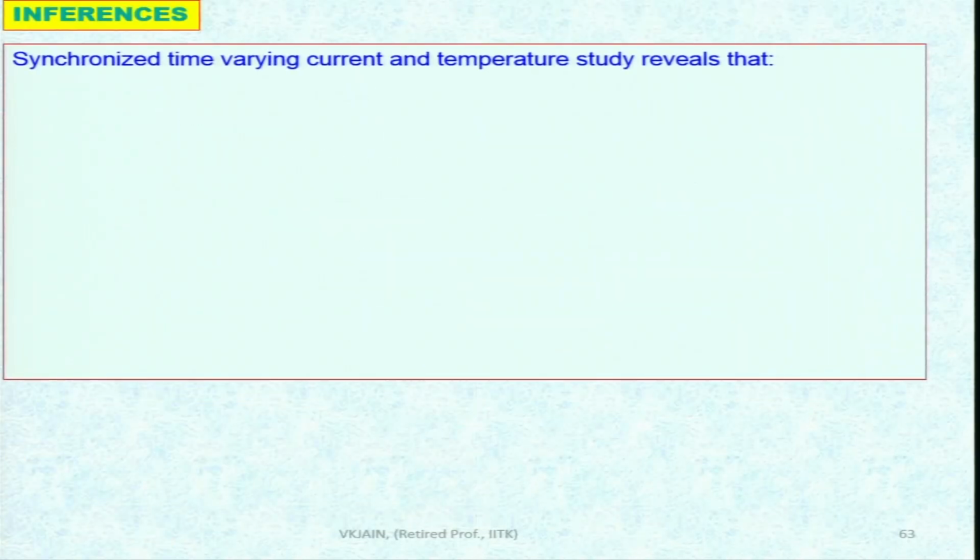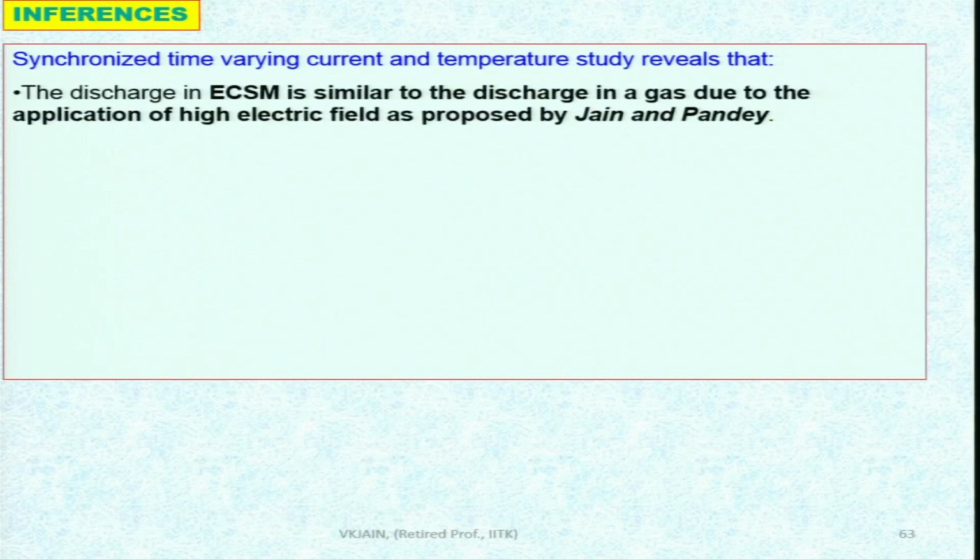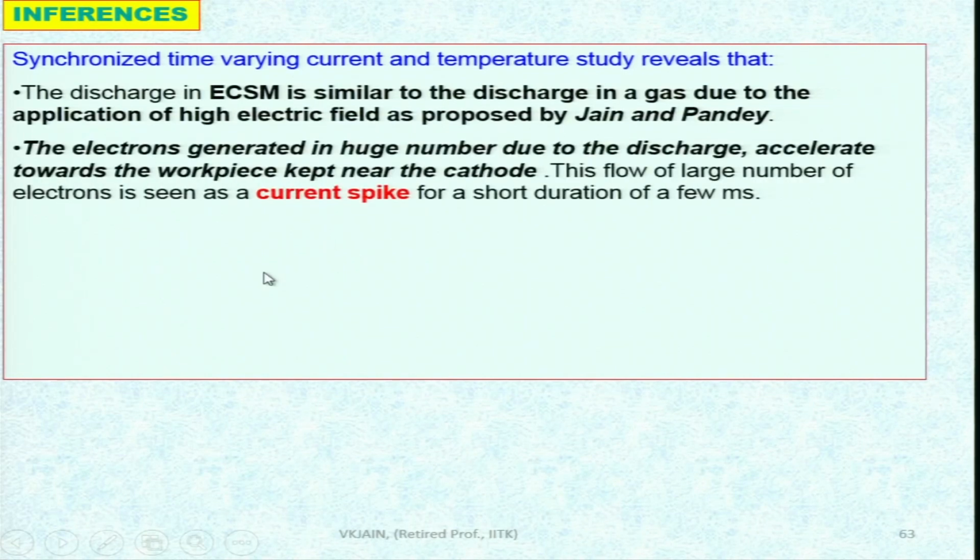Inferences. Synchronized time varying current and temperature study reveals that the discharge in ECSM is similar to the discharge in a gas due to the application of a high electric field, as proposed by Jain and Pandey. The electrons generated in a huge number due to the discharge accelerate towards the workpiece kept near the cathode.